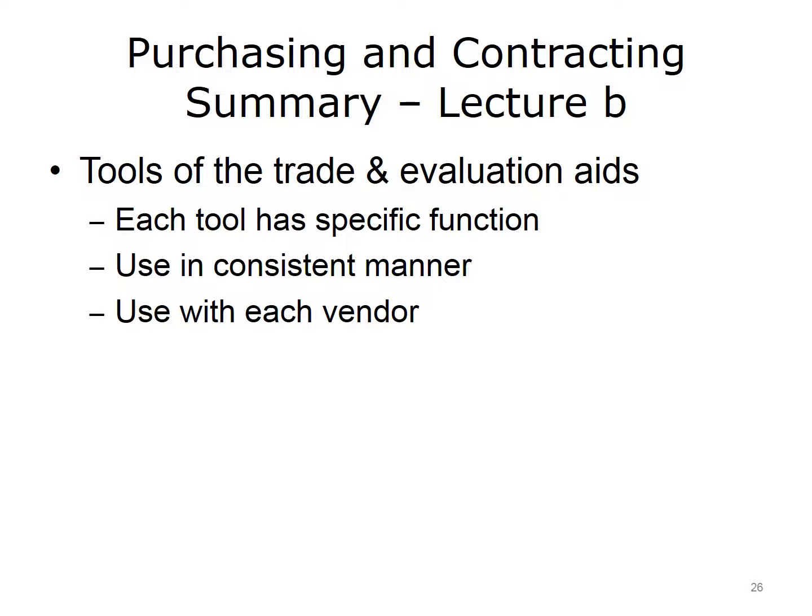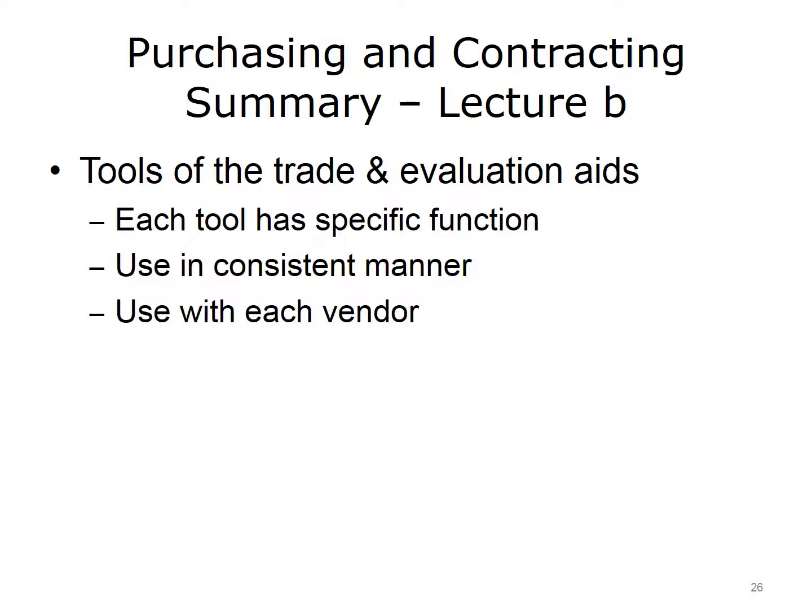This concludes Lecture B of Purchasing and Contracting. In summary, you have been exposed to some of the more common tools that IT business professionals use when conducting hardware and software evaluation and selection projects. As you have learned, each tool has its own specific function. During the course of a typical project, you may use several of these tools, each at different points in the process.